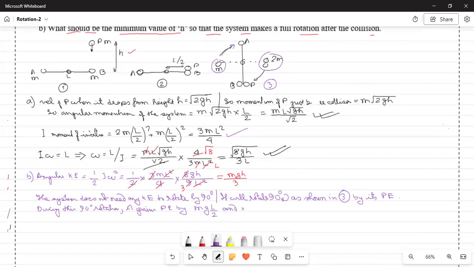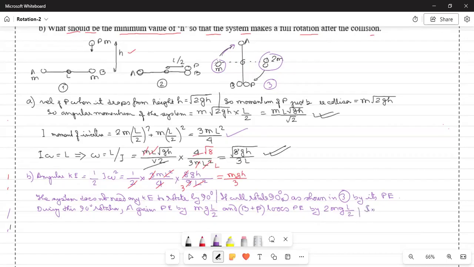And B plus P loses potential energy. Loses potential energy by how much? 2mgL by 2. So A gains potential energy mgL by 2 and the other end loses potential energy double of that.